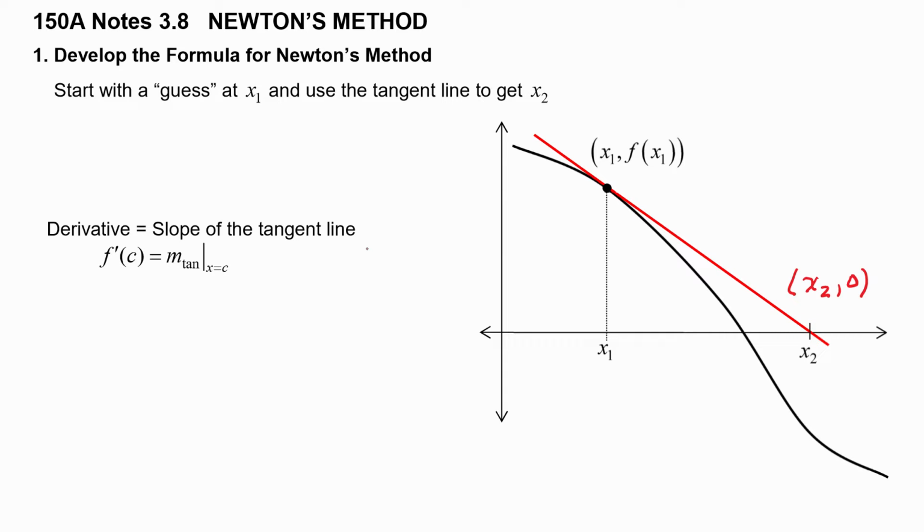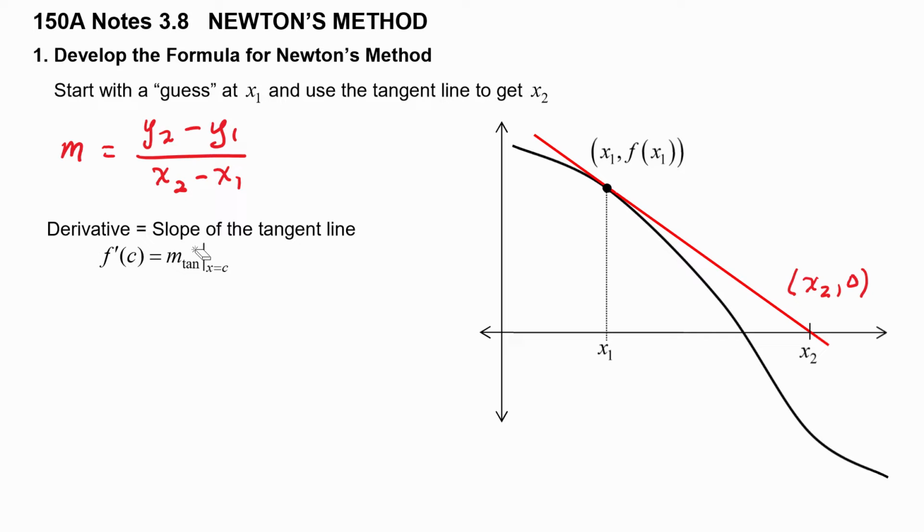Now we're going to tie this in with our knowledge of calculus, where the derivative gives us the slope of the tangent line. Now also remember from your algebra class that slope is found by doing y2 minus y1 over x2 minus x1.